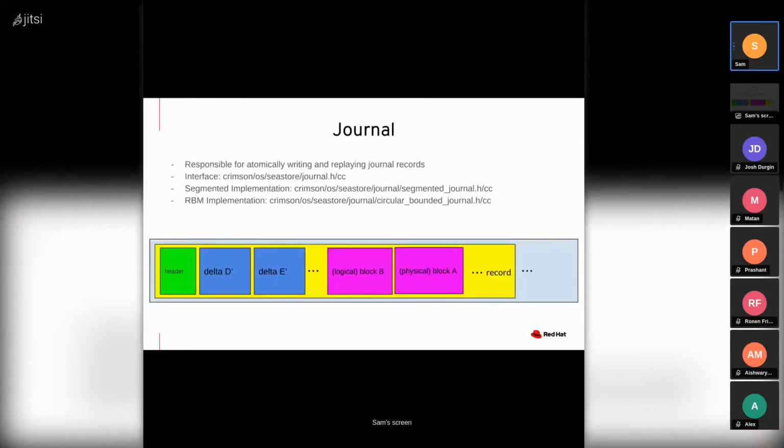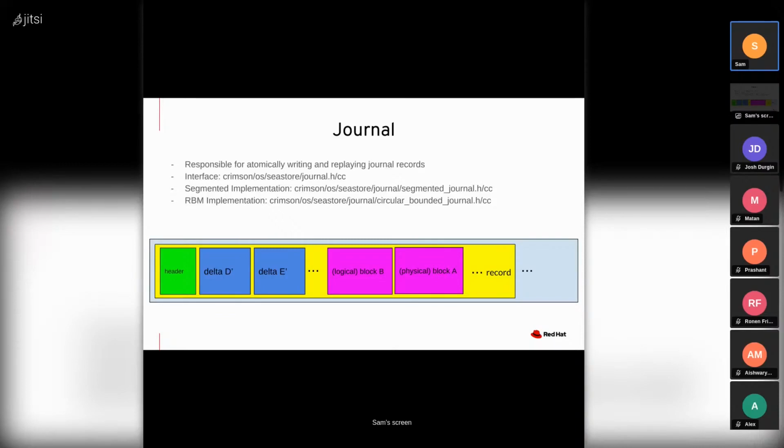Let's see. So the other major component, or one of the other major components at the bottom of SeaStore, is the journal, which is responsible for atomically writing and replaying journal records. The interface is in journal.h, which I can find over here.